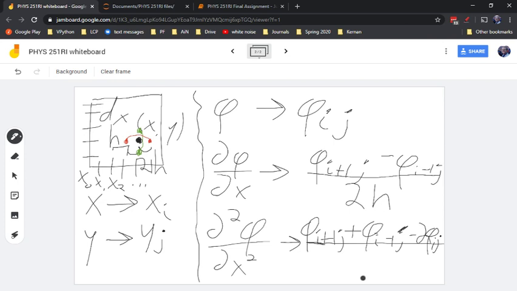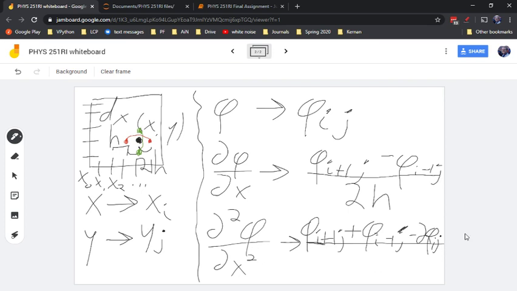So basically you're taking your point to the left and your point to the right and adding those together, because you would subtract this one from the right minus this one from the left. That becomes a minus, minus, which becomes a plus. And you're taking minus 2 times phi ij. Then you're going to divide that by the step size squared, because this thing is getting squared down here.